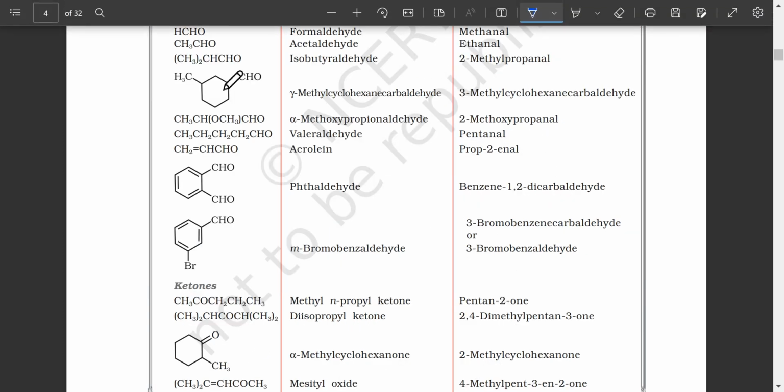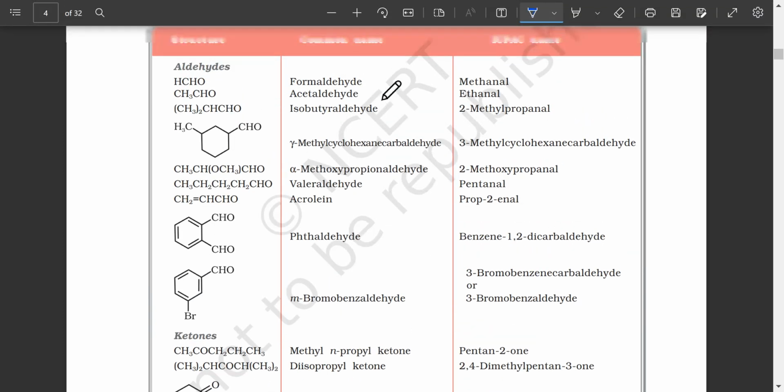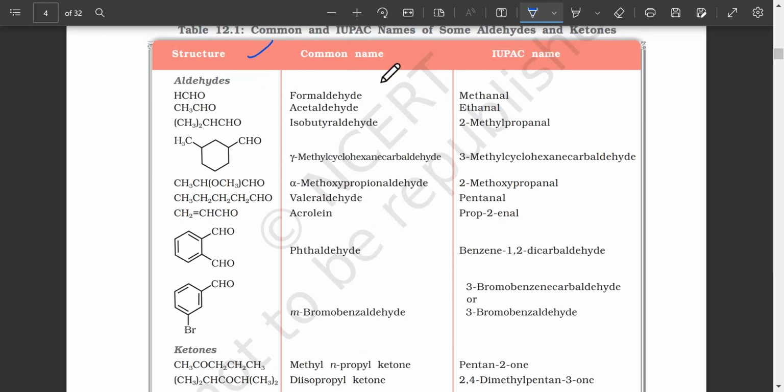Now here you have some more tables given about the structure, the common name, and the IUPAC name. See for this you have formaldehyde, IUPAC में methanol बोलते हैं, acetaldehyde को ethanol बोलते हैं. Some of them are actually important. Fine. Then you have isobutyraldehyde, 2-methylpropanol, iso, neo. These we use in common name terminology, right?